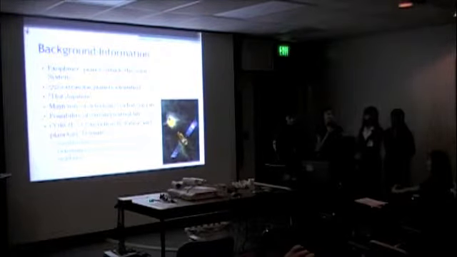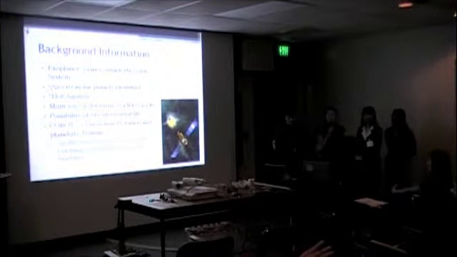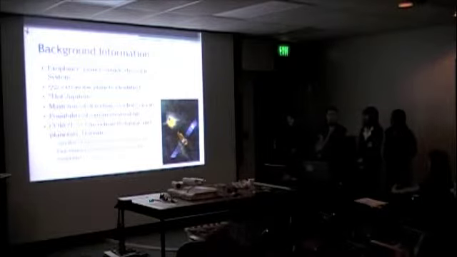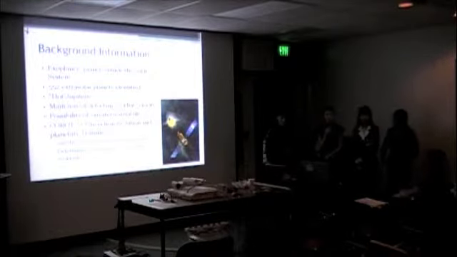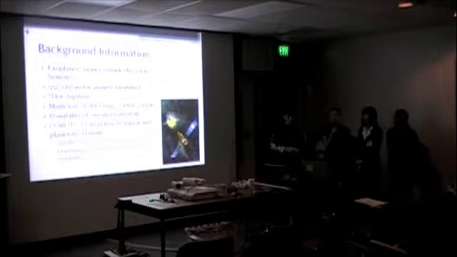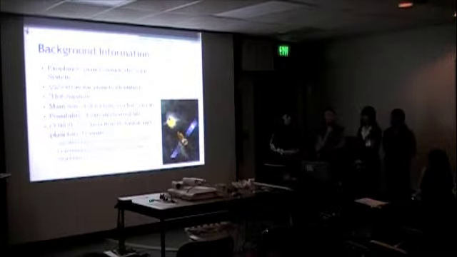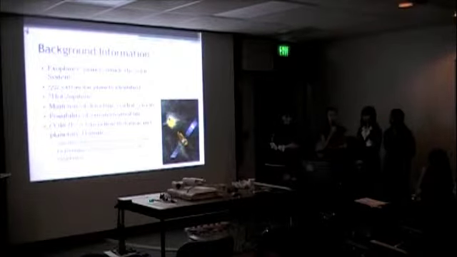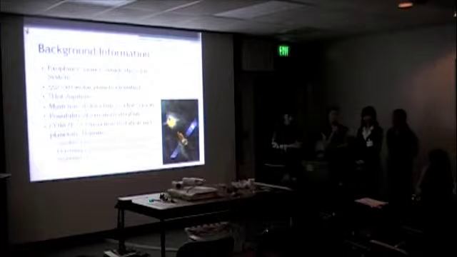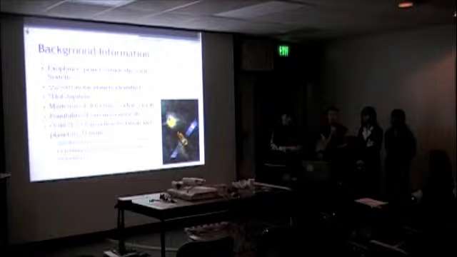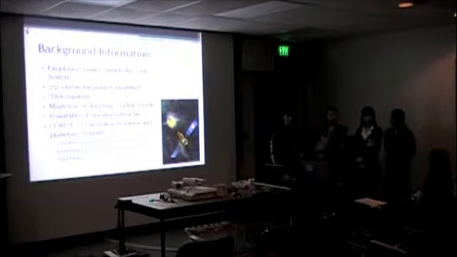Before we move on, I wanted to share with you some background information just in case you didn't know much about this topic. Extrasolar planets are planets outside the solar system. Currently, there are 552 extrasolar planets that have been identified. Hot Jupiters are planets that are greater than the size of Jupiter that are very close to their star, which causes them to be hot.